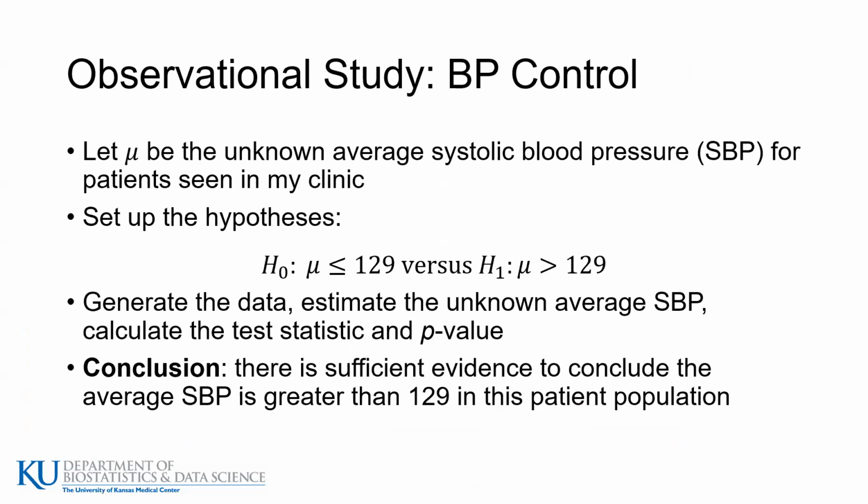That is, the null hypothesis is that the population mean is less than or equal to 129 versus the alternative that the population mean is greater than 129. And then we gather the data and come up with an estimate of this unknown average systolic blood pressure. And from this, we can calculate a test statistic and the p-value.